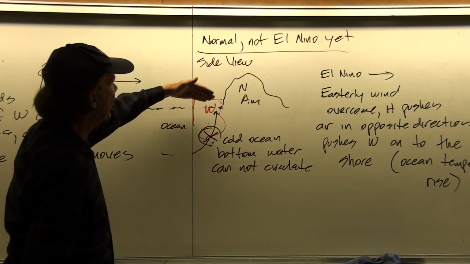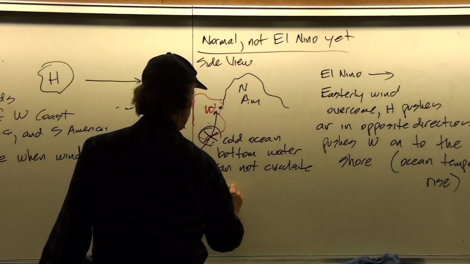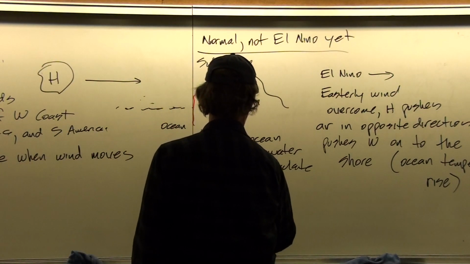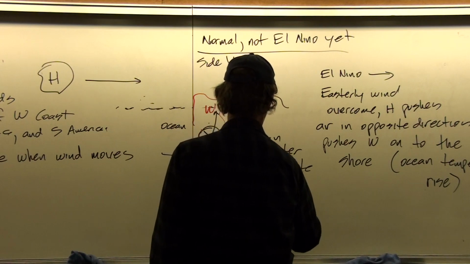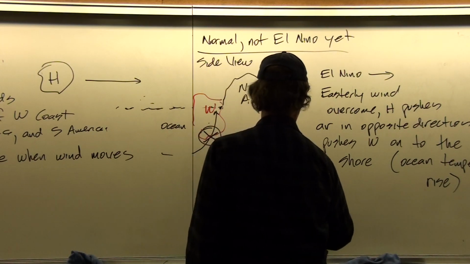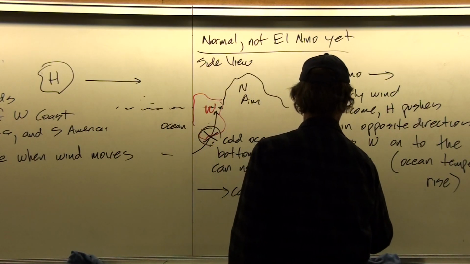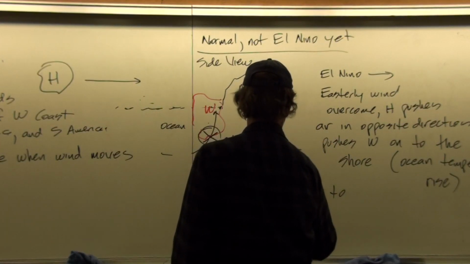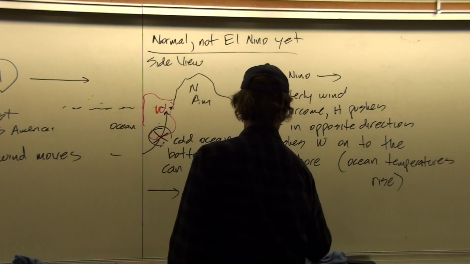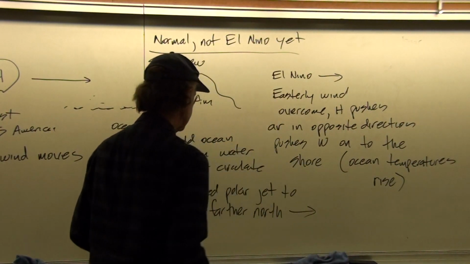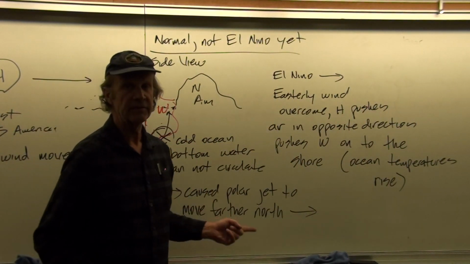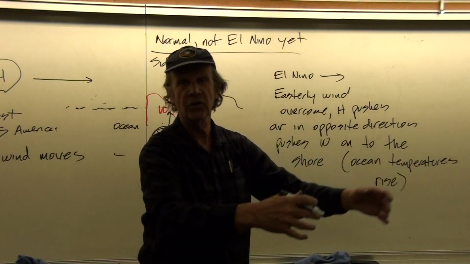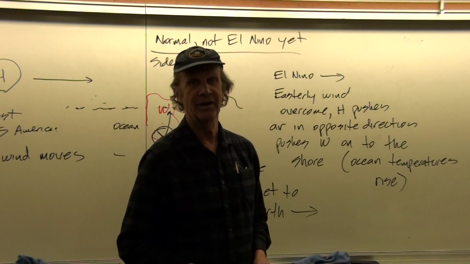By creating a higher pressure here, this pushed the polar jet farther north. And as we saw in the last video, it's these jet streams which carry storm systems to our part of California.